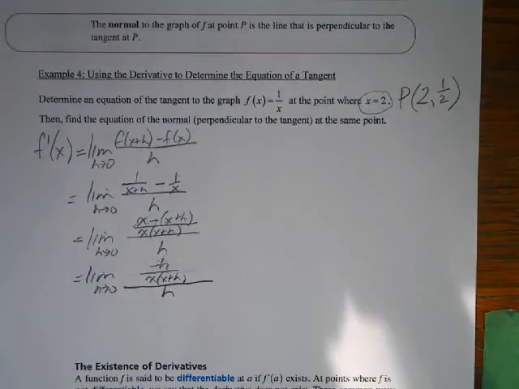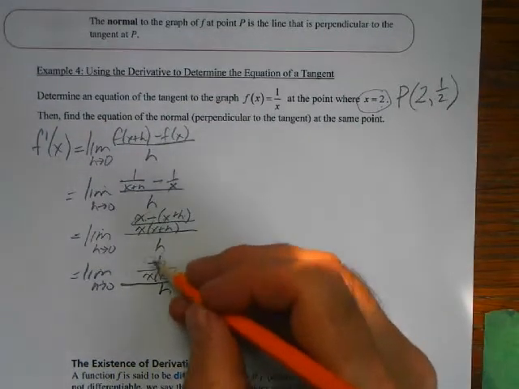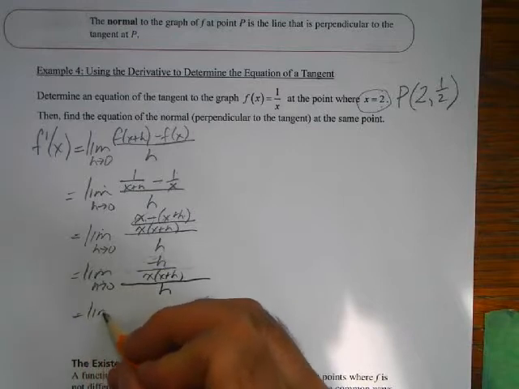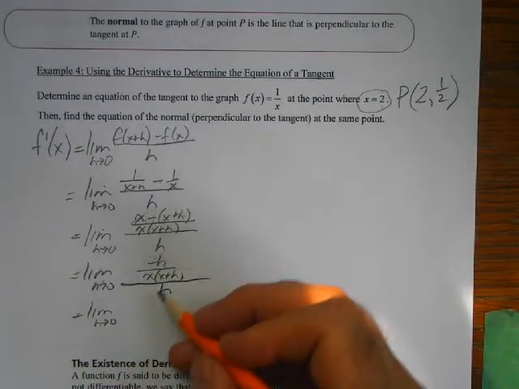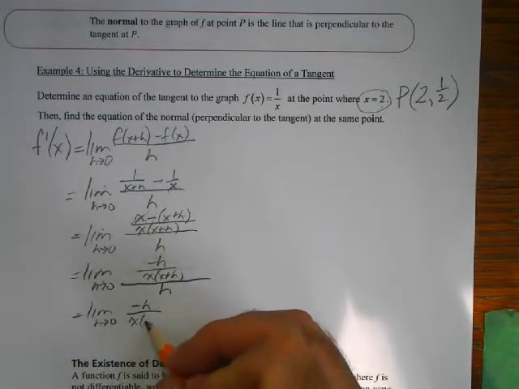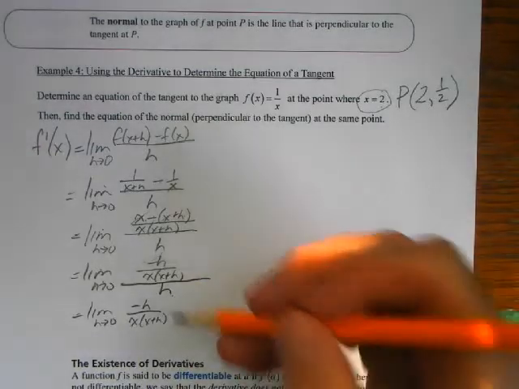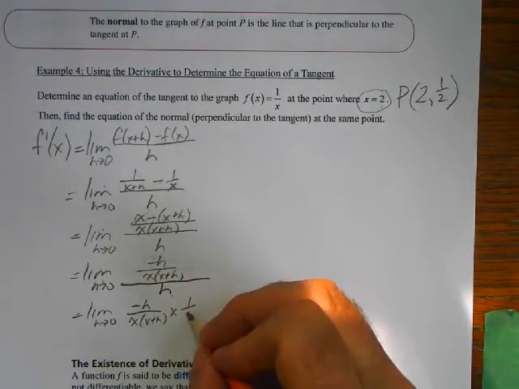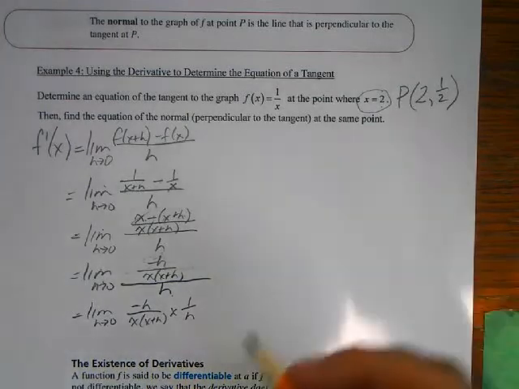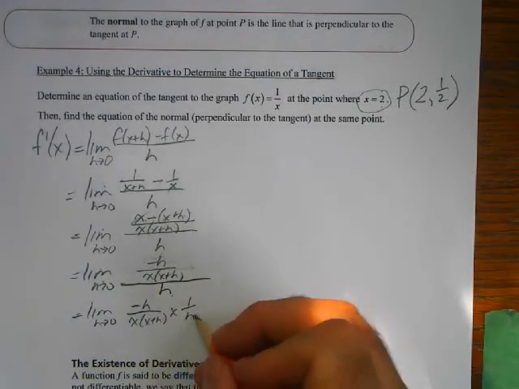Okay, and that can look a little complicated, so if we turn it into a fraction times a fraction, so there's the numerator, and if we're dividing by h, that's the same thing as multiplying by 1 over h. So this usually makes it a little easier to understand. So that's canceling with that. You have a negative 1 on the top.